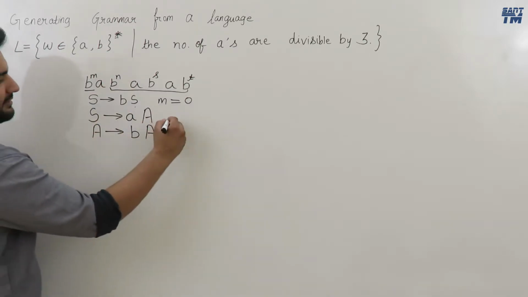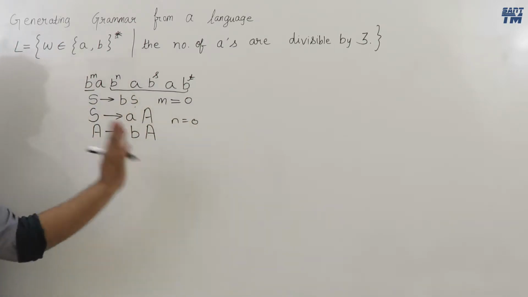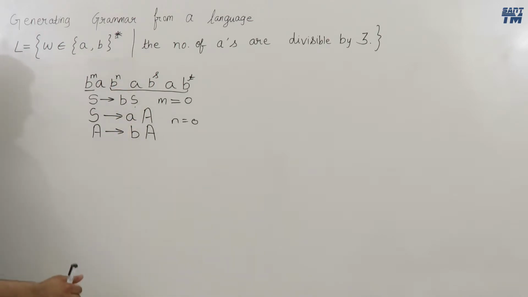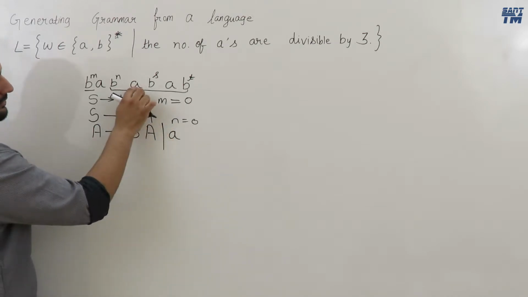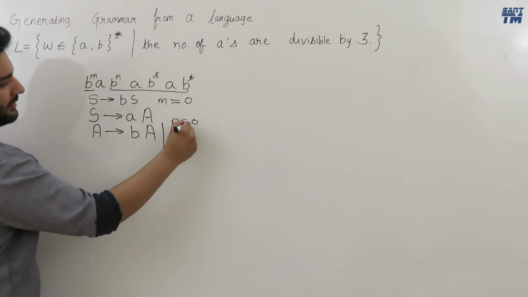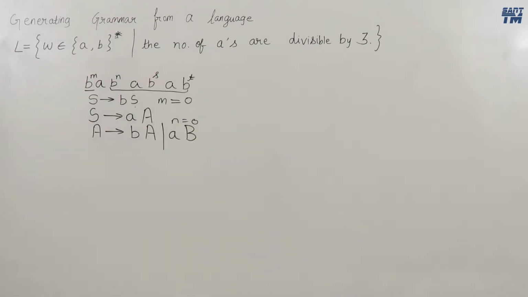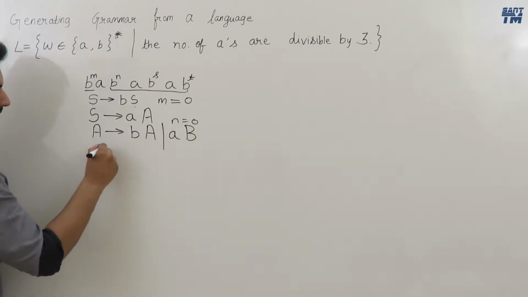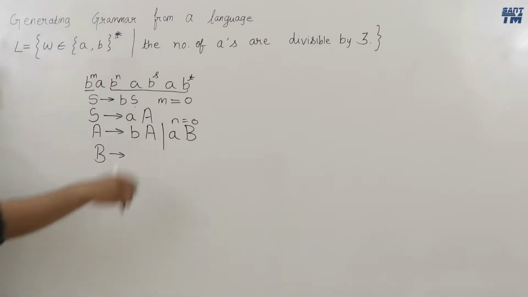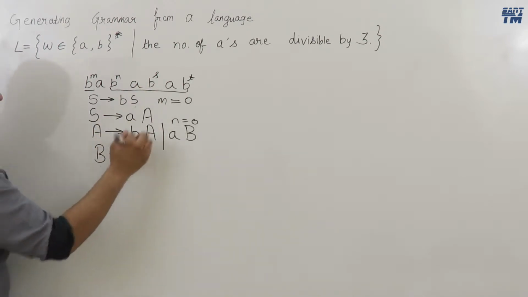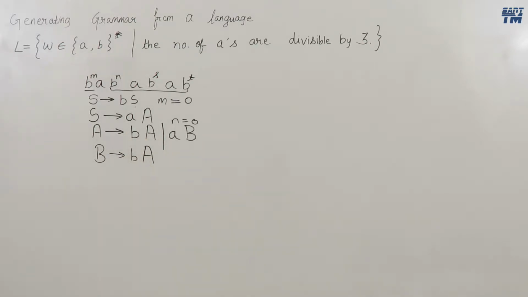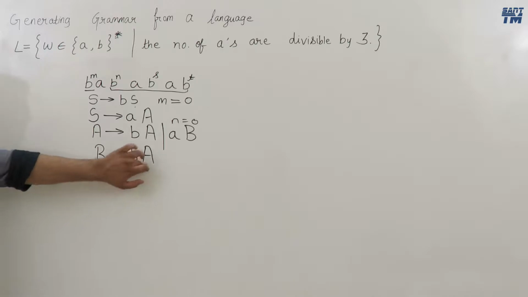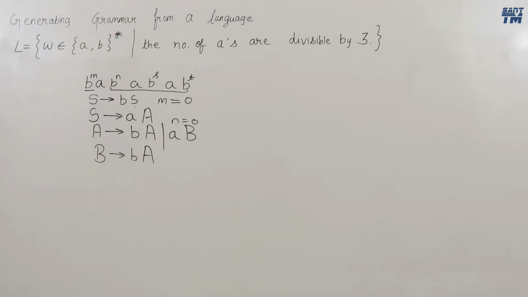Now if n is equal to 0, then we do not need this B, and we directly have to jump to this A. For that we can have a production rule A derives A followed by non-terminal B. Now this non-terminal B can be substituted with B followed by A. We need an A, so we write non-terminal A, and this non-terminal A can be substituted with AB to get a terminal A of this kind.